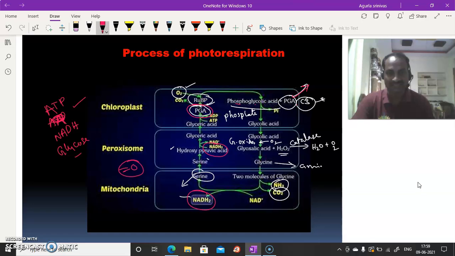That's why this pathway is called a wasteful process or waste process. So why does this pathway occur in C3 plants? Because there is no Kranz anatomy in C3 plants. That's why C3 plants are more prone to photorespiration than C4 plants.